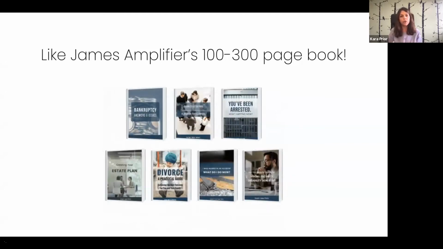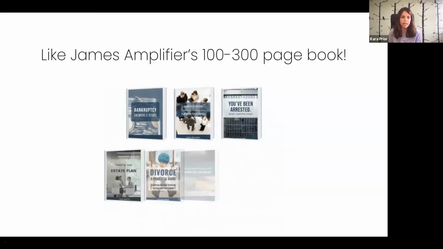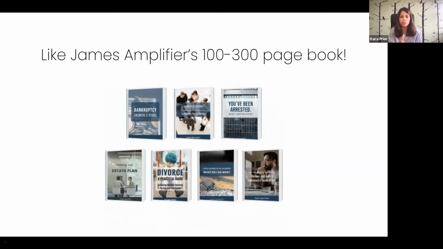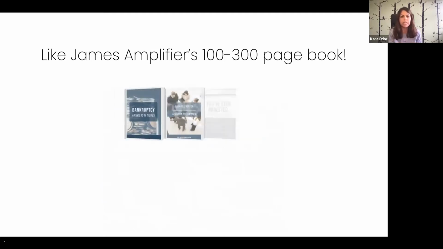It's also pretty well known that your prospects will respect an attorney who has a book to offer, because that really showcases their expertise. So as Lauren has outlined on this slide, as part of our Marketing Amplifier program, we do include a 100-page book that's completely branded.